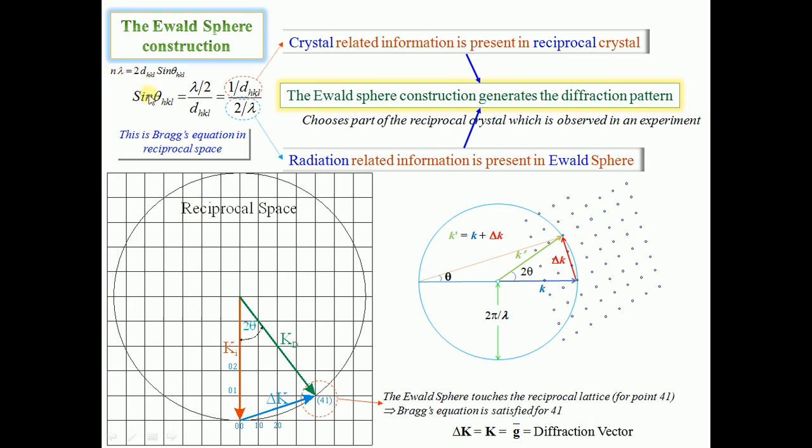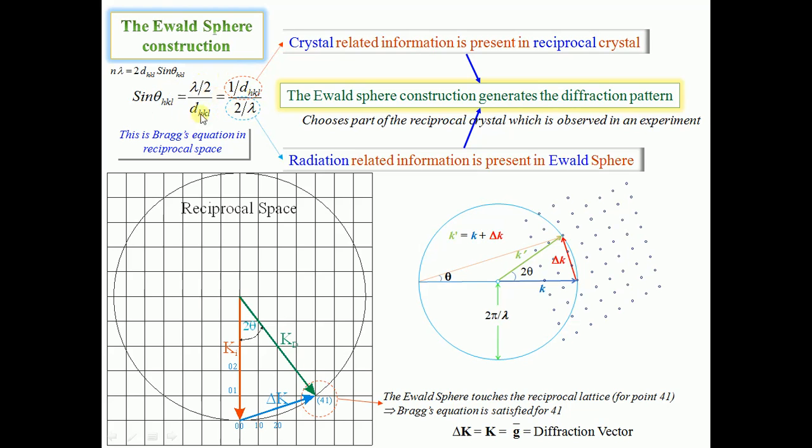This law can be rearranged: sin theta is equal to lambda by 2d, and this again can be written with lambda by 2 taken below and 2 by lambda written, and d taken in the numerator and 1 upon d written. So sin theta is equal to 1 upon d divided by 2 by lambda. This is called Bragg's equation in the reciprocal space.